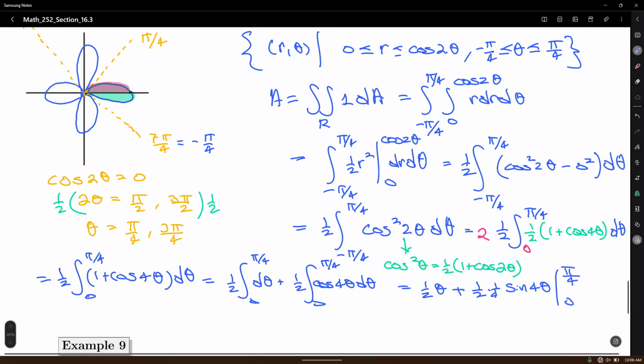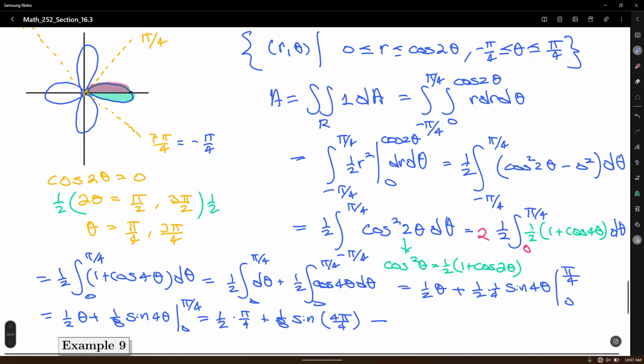Okay, let me simplify this, and then upper limit minus lower limit. That is equal to 1/2 theta plus 1/8 sine 4 theta from 0 to pi over 4. All right, so that is 1/2 times the upper limit, which is pi over 4, plus 1/8 sine of 4 times pi over 4, minus the lower limit of 0.